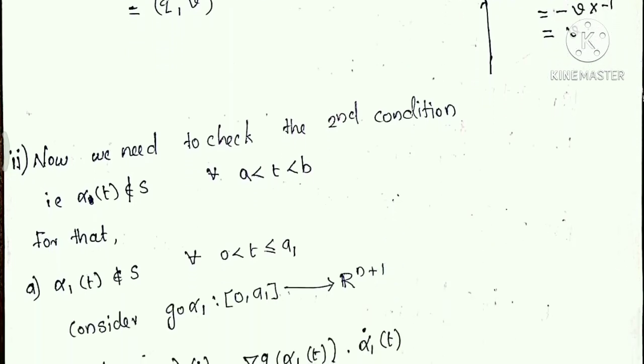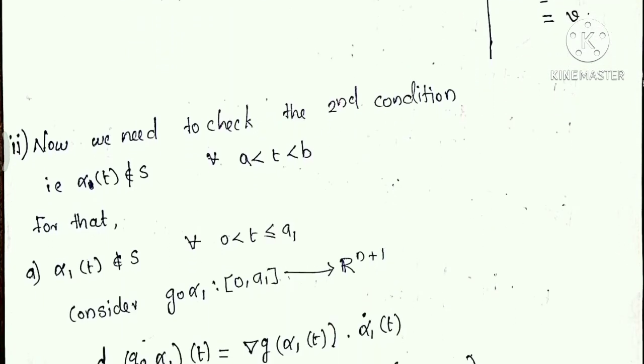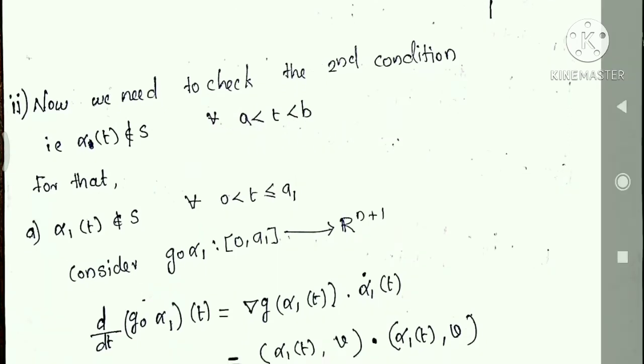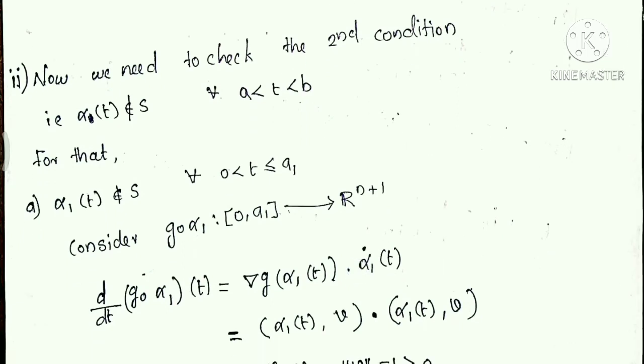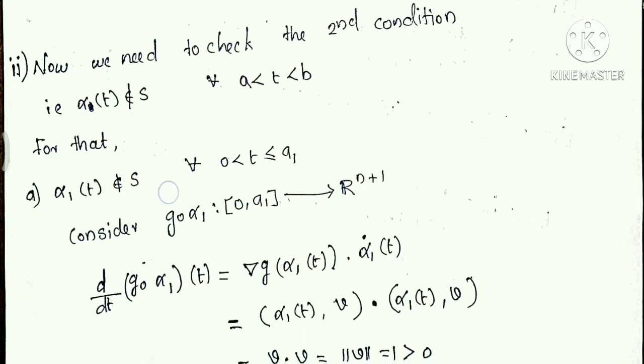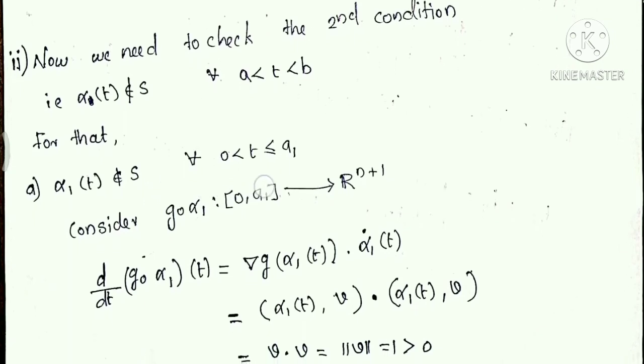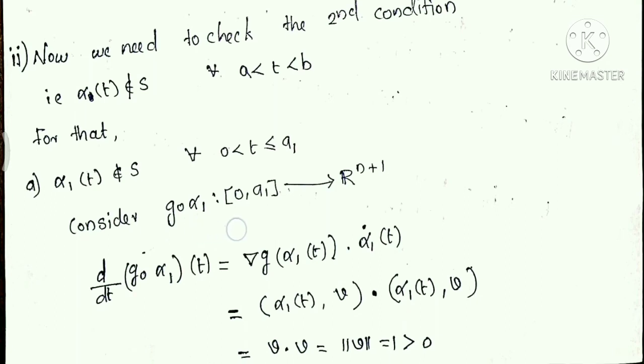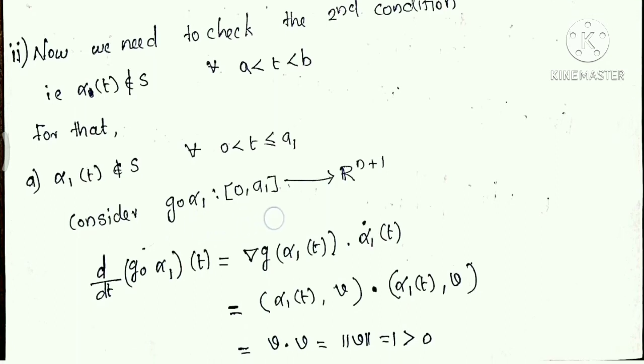Now we need to check the second condition, that is alpha of t does not belong to S for all a < t < b. For that, first, alpha 1 of t does not belong to S for all 0 < t ≤ a1. Consider the map G composition alpha 1 from the closed interval [0, a1] into R^(n+1).